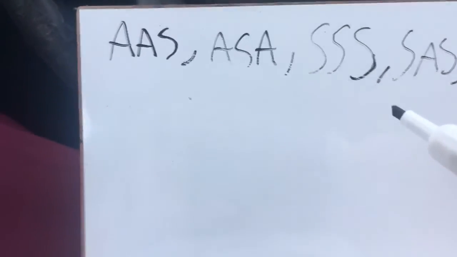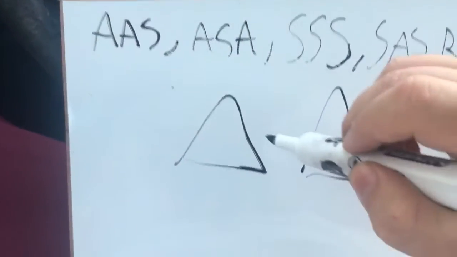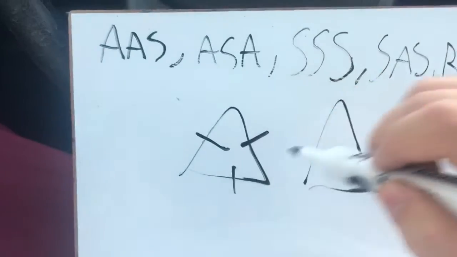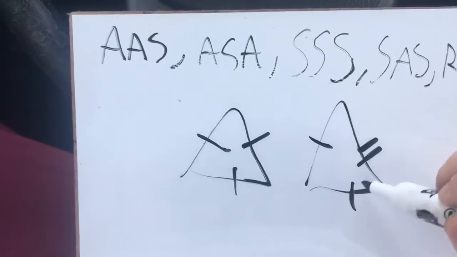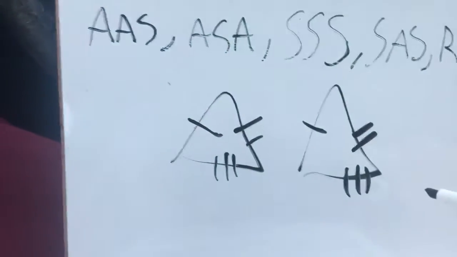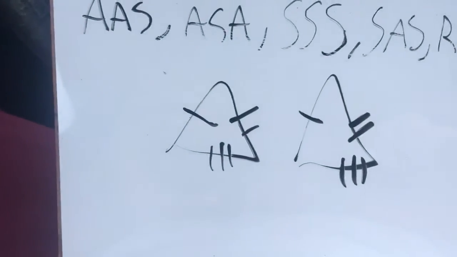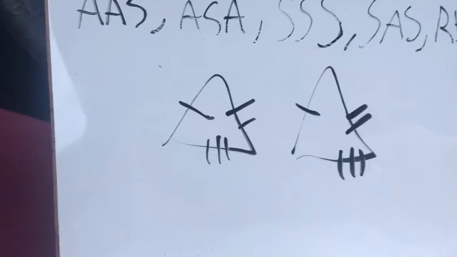Now let's move on to the side postulate. Let's say you have a triangle and a triangle, and all these three sides are congruent. Then these two triangles are congruent every time. Get a protractor, or get a ruler to prove it.